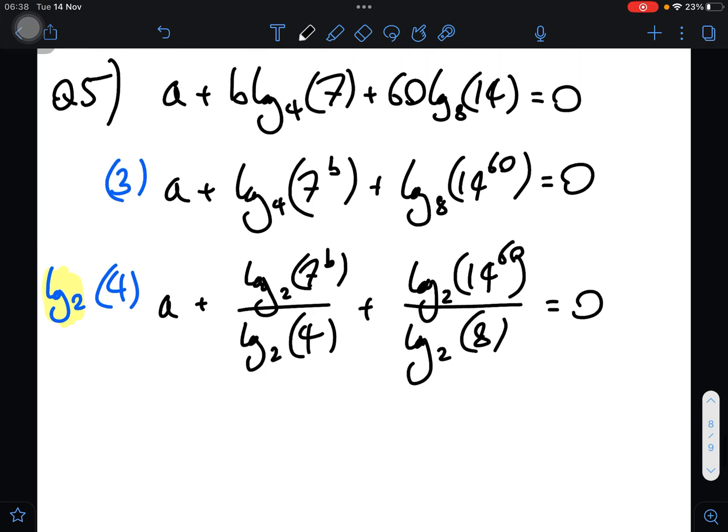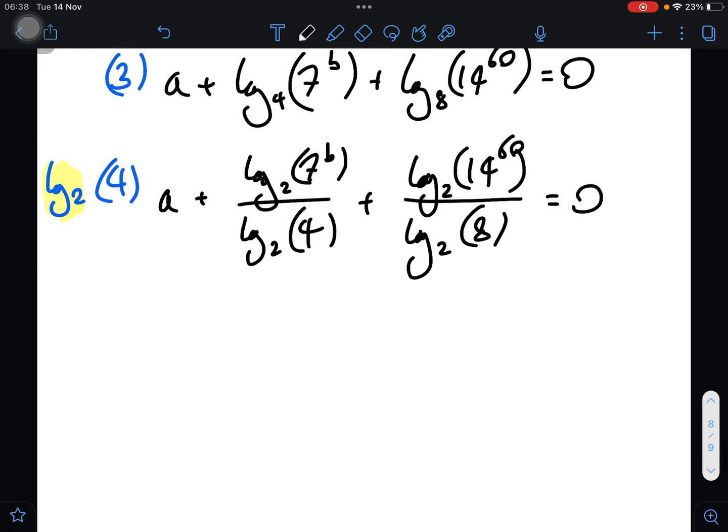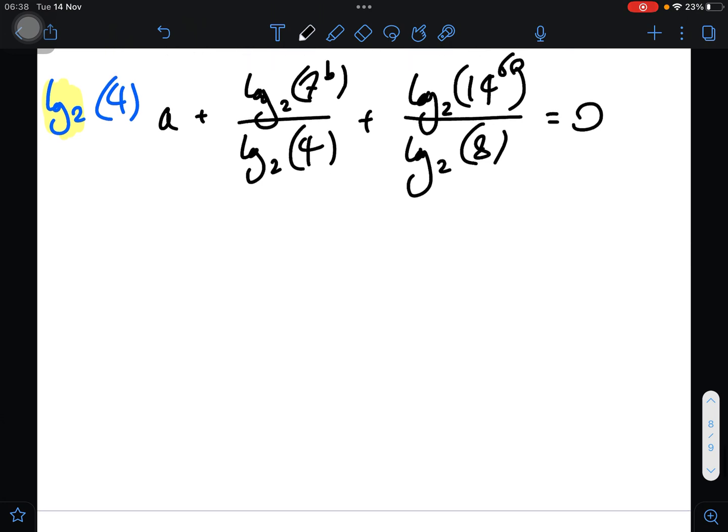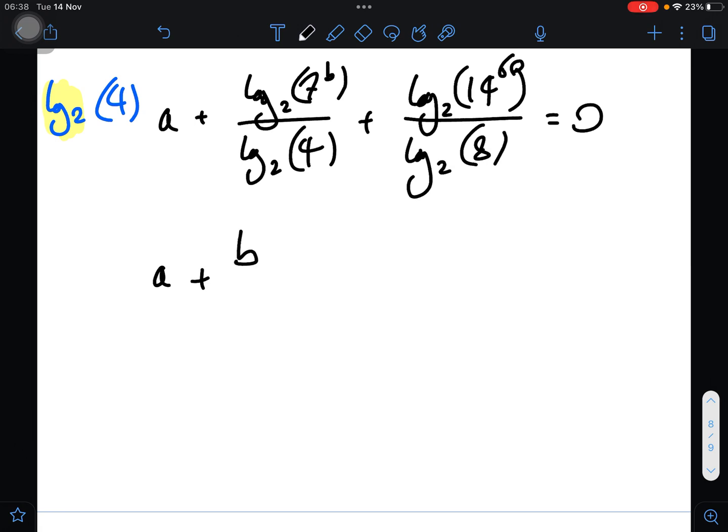I've just realized that you don't even need to do step 1. You can just skip step 1 and leave, for instance, your b and your 60 outside the brackets. It would make a difference. But log 2 of 4 can be simplified down, and log 2 of 8 can as well.